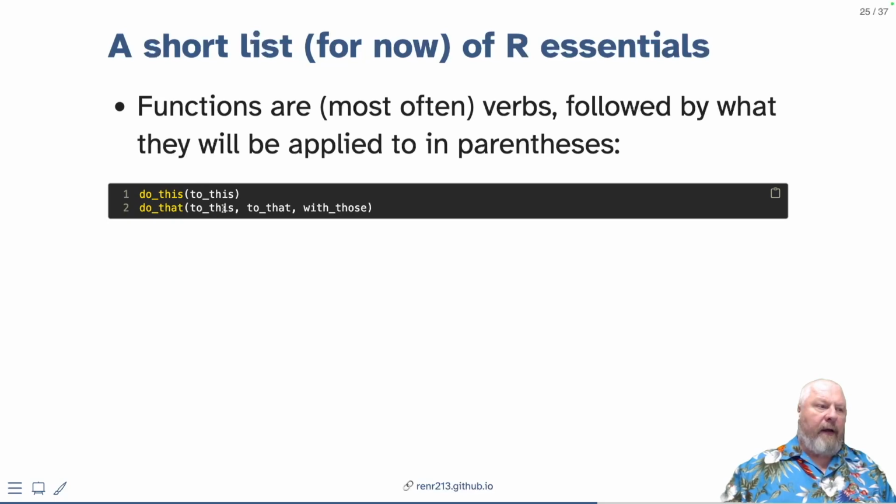We can add other parameters to the function. And one of the things that we did with the mean is that we said take away the values that had missing values in body mass in grams. So you can think of them as verbs followed by what the verbs are being applied to.